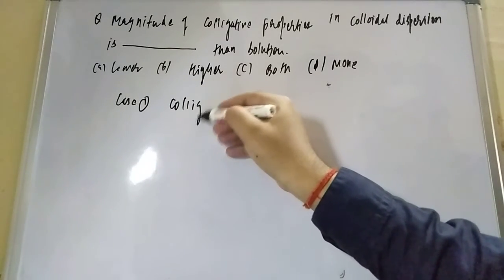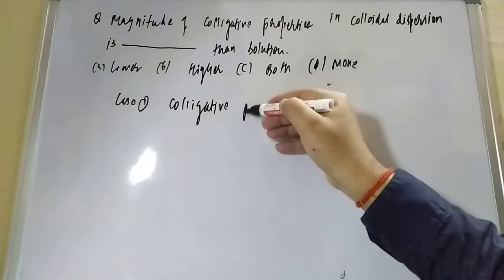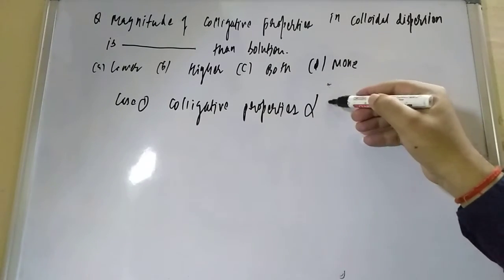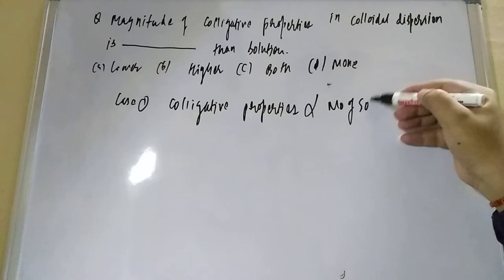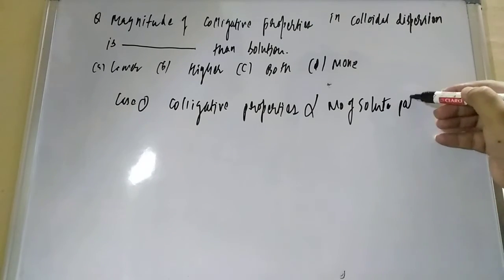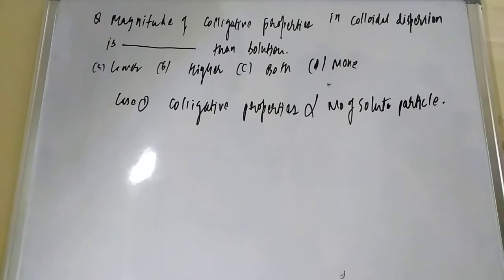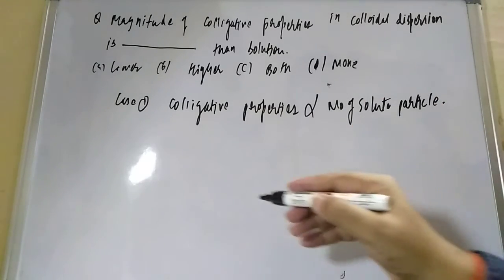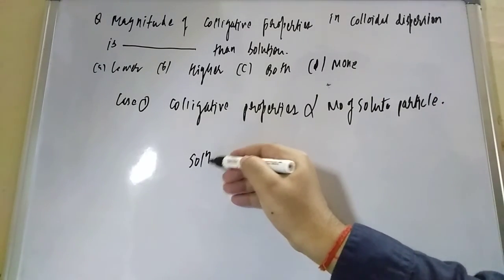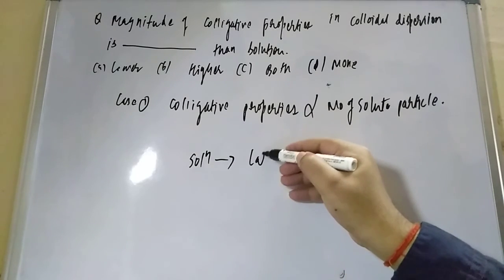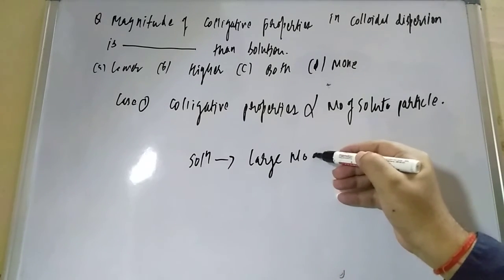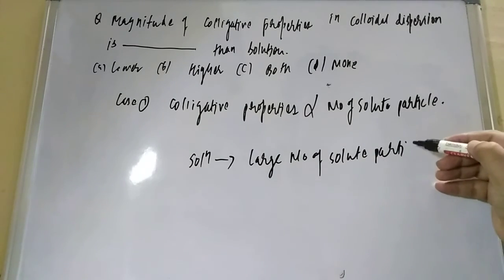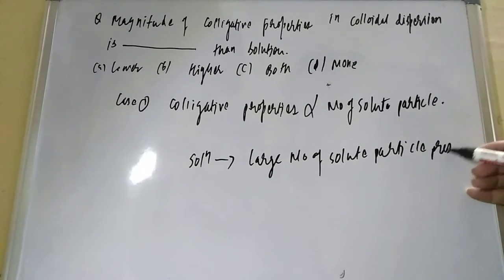When you are talking about colligative properties, they are proportional to the number of solute particles, not the nature. Colligative properties depend on the number of solute particles. Now, if you talk about a solution, a large number of solute particles are present in it.